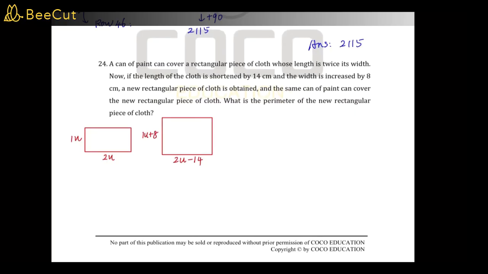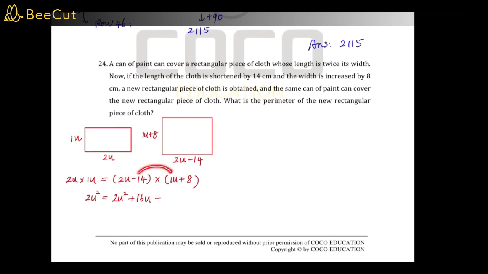Then let's find the area for the original rectangle. There's 2u times 1u. For the new rectangle, it's 2u minus 14 times 1u plus 8. Right, so we get 2u squared. Now 2u times 1u, that's 2u squared. And 2u times 8, that's 16 units.